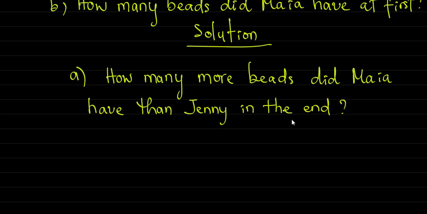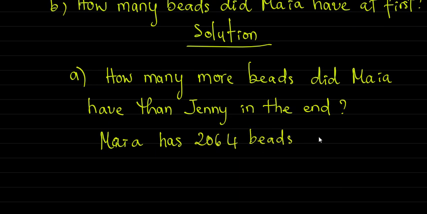So the thing is, Mia had first, like, 2064 beads more than Jenny, right?